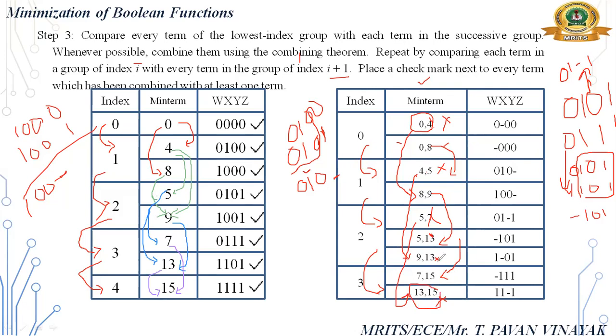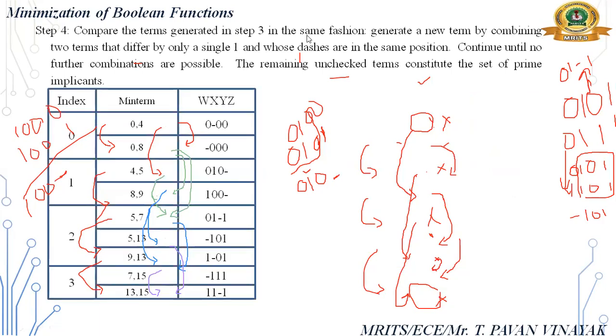So 9 13 with 7 15, one more possible. So these are the possible combinations. Now you have to check those terms and form the same table again with indexes. Repeat the above step.